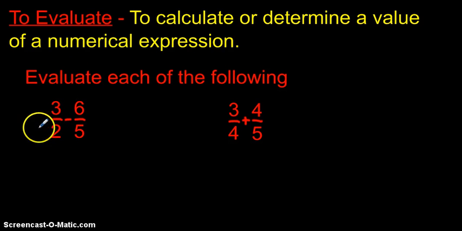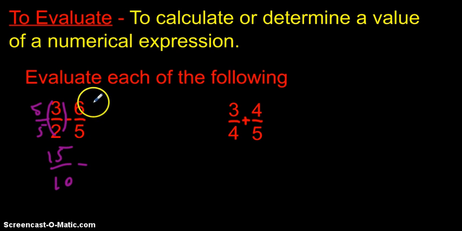So let's multiply the top and bottom of this fraction by 5, and that'll give us 15 over 10, minus, multiply the top and bottom of this fraction by 2, and we'll get 12 over 10.